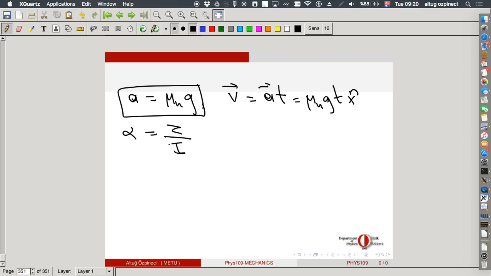Now in this problem there is no obvious axis that is fixed, so all the axes are moving, they are translating, etc. So the best choice would be to consider it as translation of the center of mass plus rotation around the center of mass. So the angular acceleration would be equal to the torque around the center of mass divided by the moment of inertia around the center of mass.